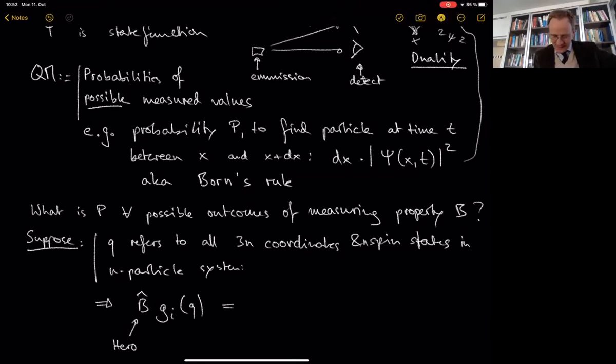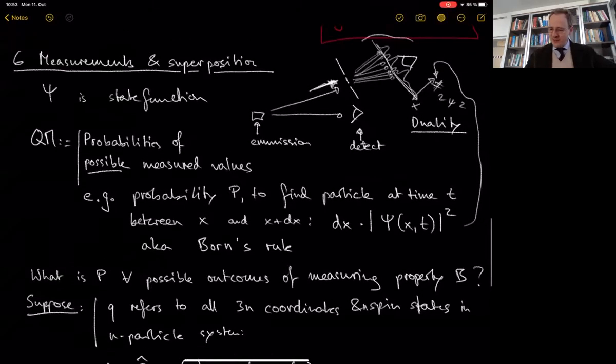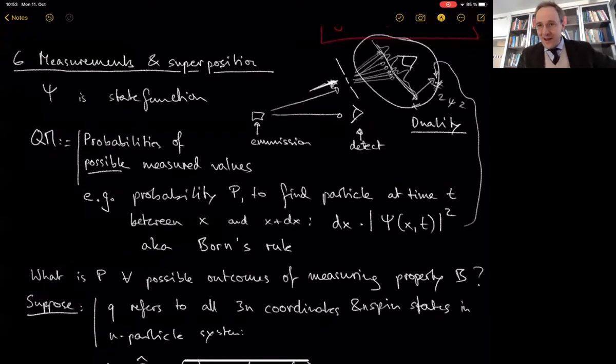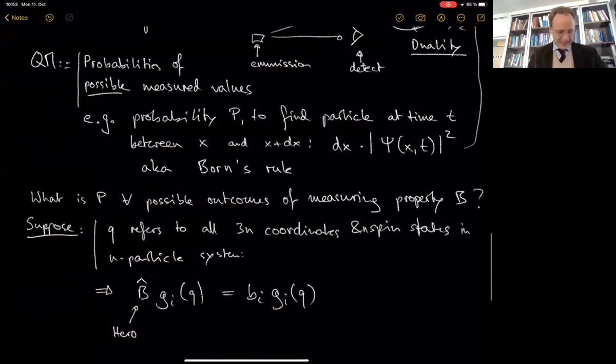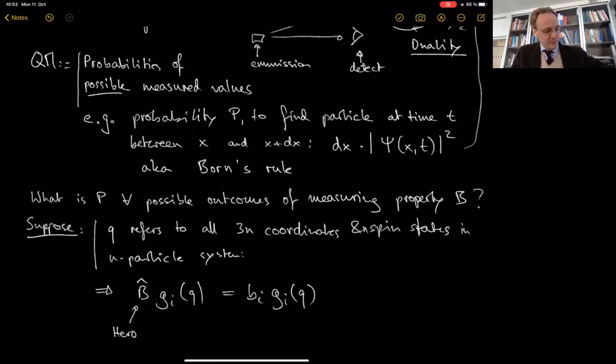This thing must be an eigenvalue equation. And that's really thanks to Schrödinger, who said, well, if you look at these patterns up here, it looks like a wave. So let's use wave mechanics. So let's have eigenfunctions. So these are differential equations, just like in wave mechanics. All right. So that's the ansatz.